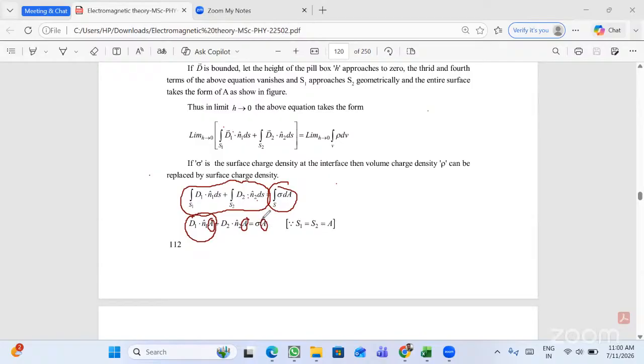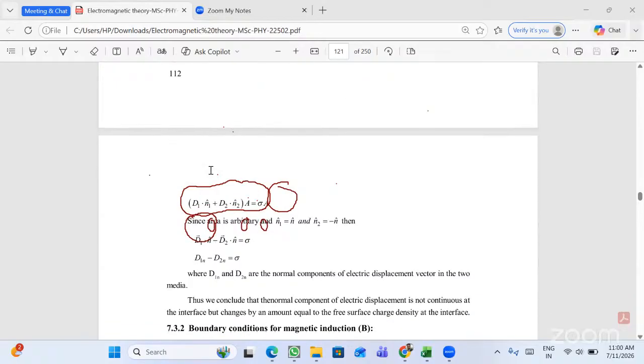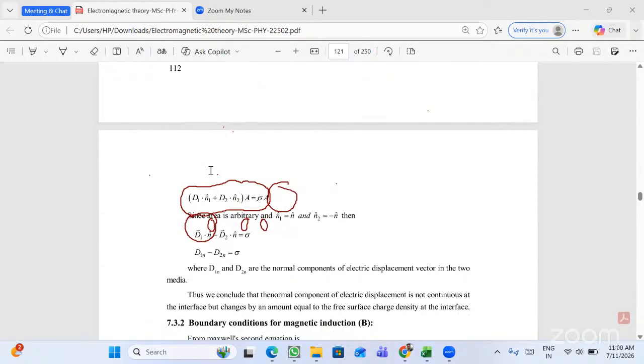Now we divide both sides by A, so that A cancels on both sides. One thing you have to remember is the n1 and n2 values: n1 will be n and n2 will be minus n.